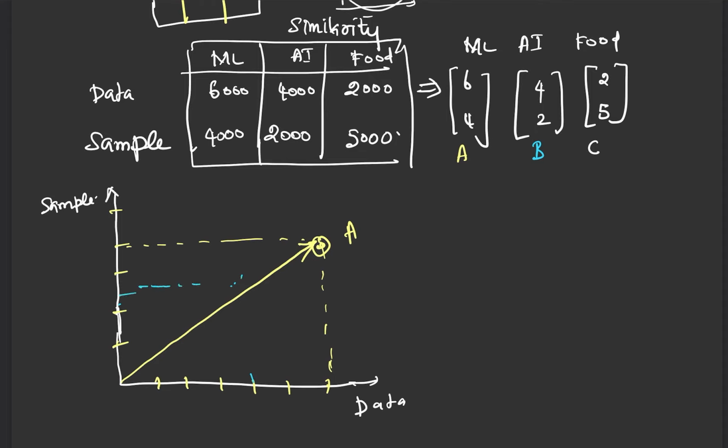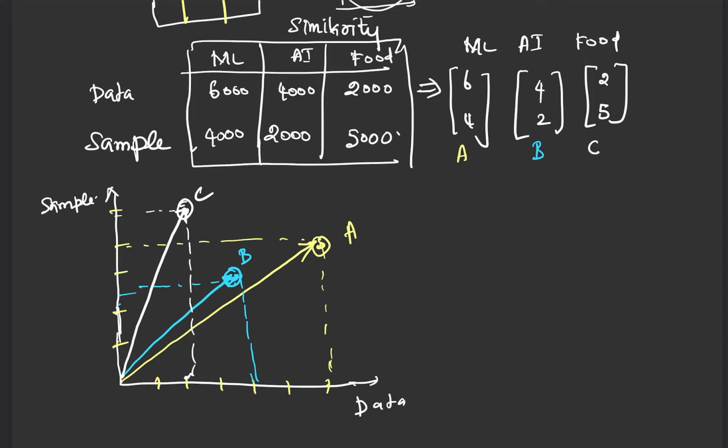This is our vector B. And the third one is 2 and 5. This is 2, 5. This is our third vector, vector C. Now we have converted all our documents.